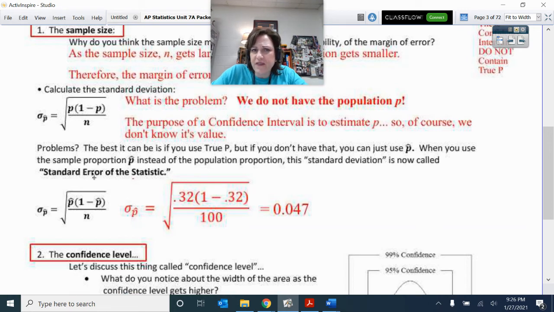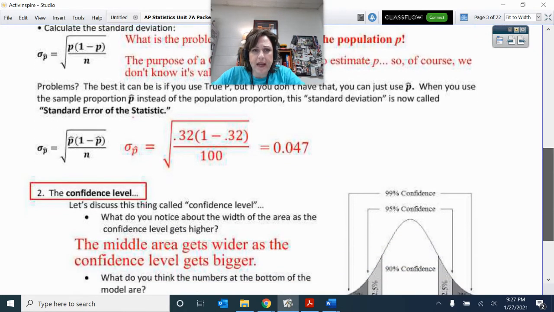Instead of standard deviation, sometimes it'll be referred to as the standard error of the statistic, because I used my p hat, because I don't know what p is, so I did the best I could. All right, so here is my standard deviation, or my standard error. My 0.32 times the 0.68 over 100, square rooted, is 0.047. Okay? So right at about a half.